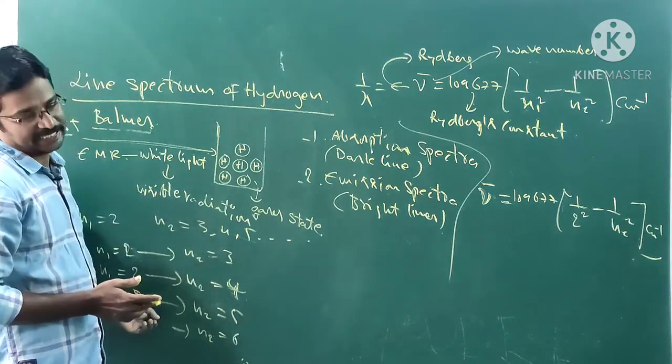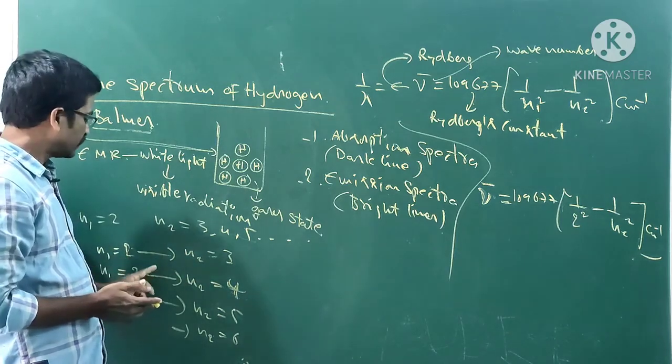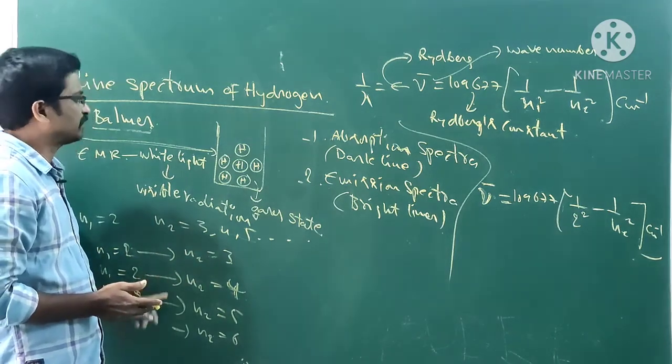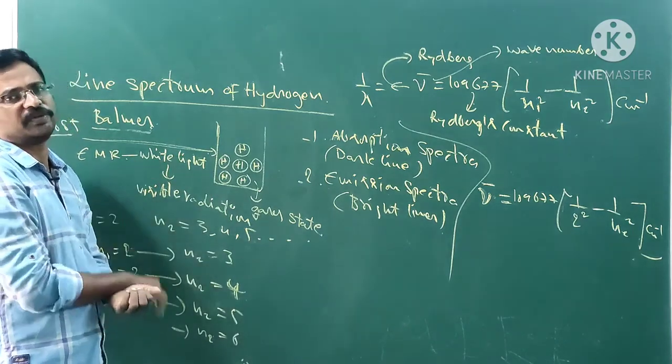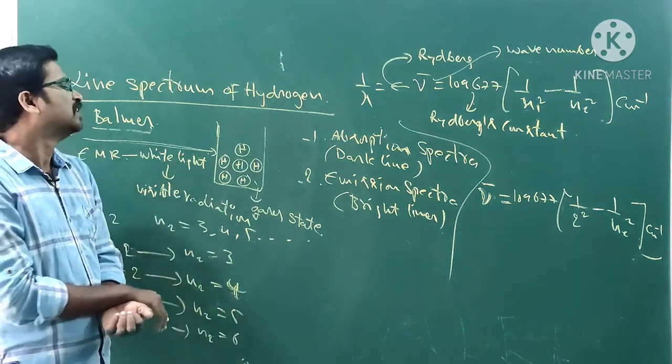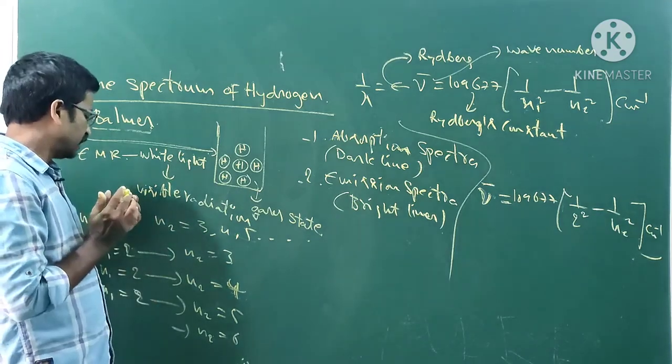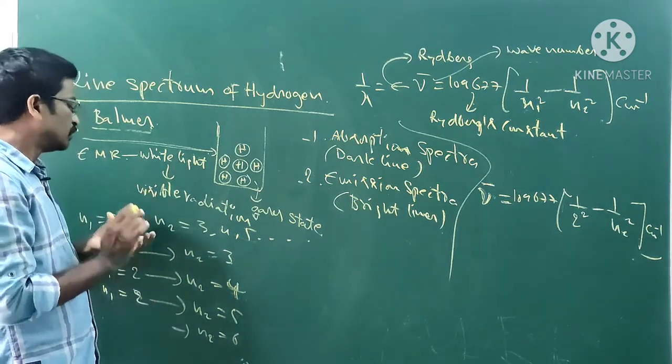There are so many lines in the Balmer series. Why? You can get different lines for a particular atom. As already discussed, in a hydrogen atom the electron goes from 2 to 3.